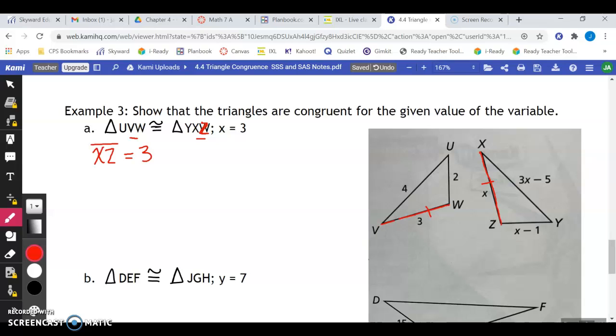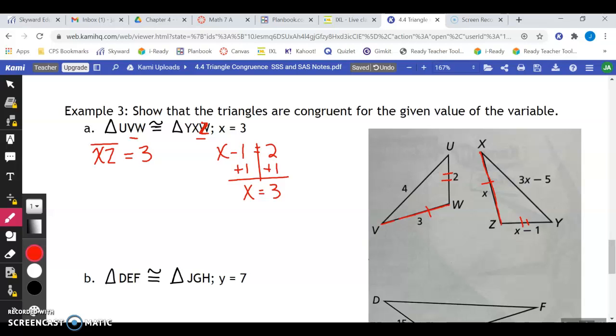And then UW is the first and the last in triangle UVW, and YZ is the first and the last. So this one and this one have to be the same. So x minus 1 is the same thing as 2. So if I add 1 to both sides, I'm going to get x is 3.